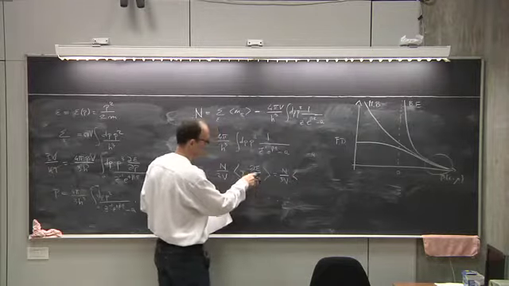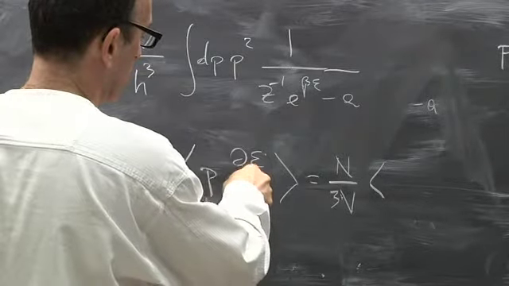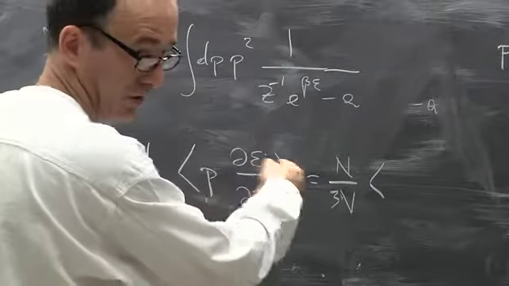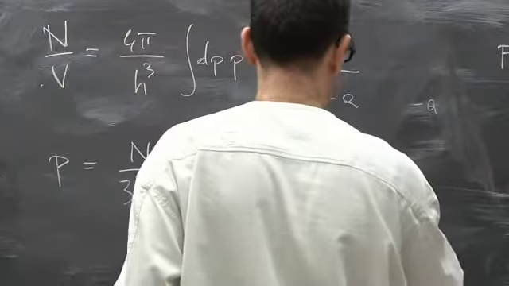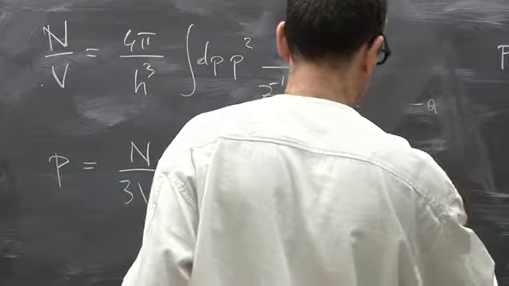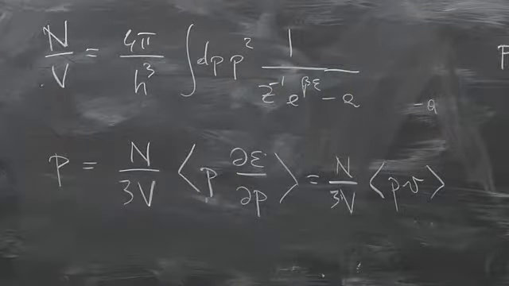So if this is the Hamiltonian of the single particle, this is q dot, right? P times the single particle velocity. This is an interesting relation because it holds for all gases, both classical and quantum, Fermi and Dirac.